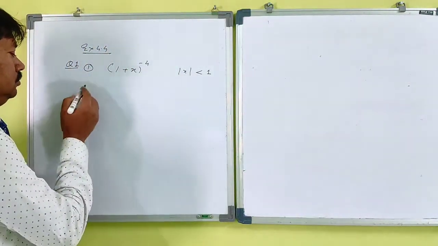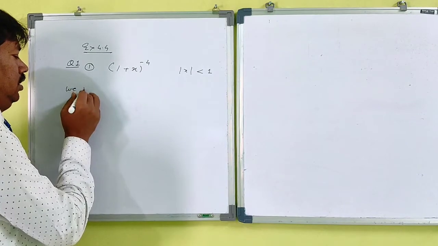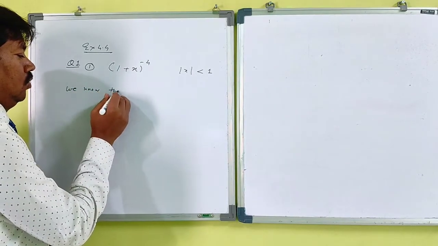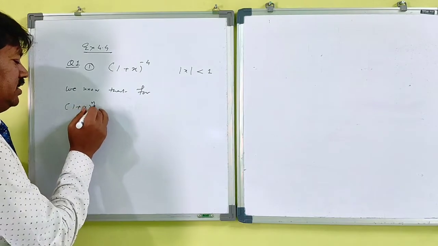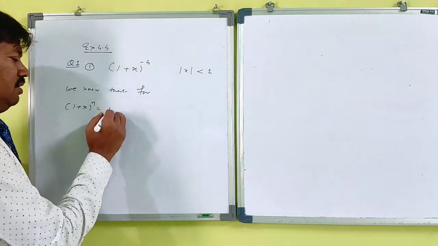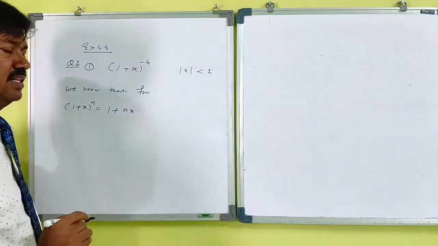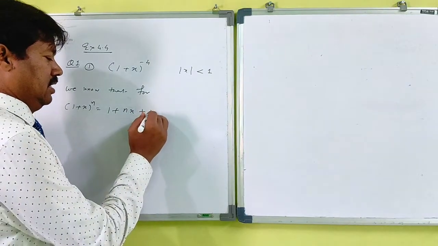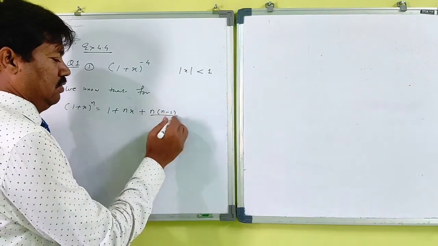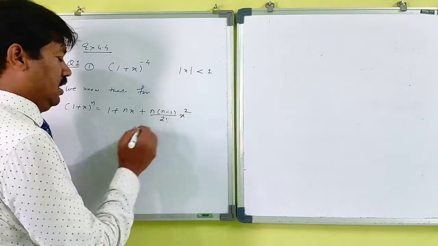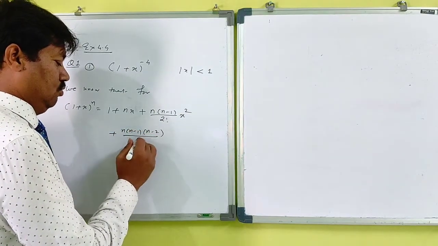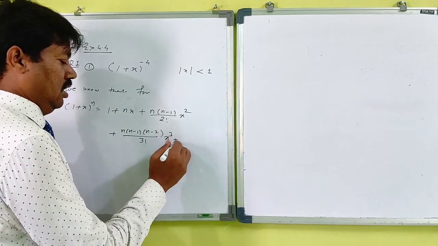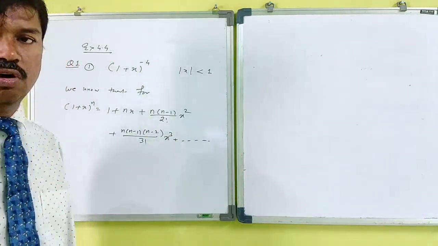So here, what to do? We know that for 1 plus x raised to n, it is always given by 1 plus nx plus n into n minus 1 upon 2 factorial x square plus n into n minus 1 into n minus 2 upon 3 factorial x cube and so on.